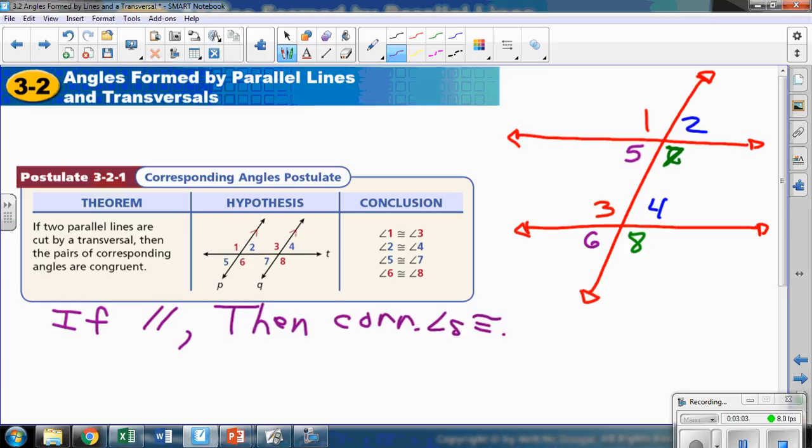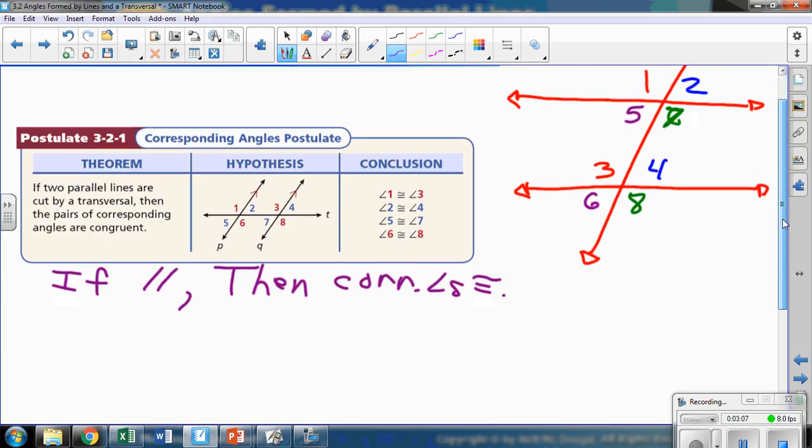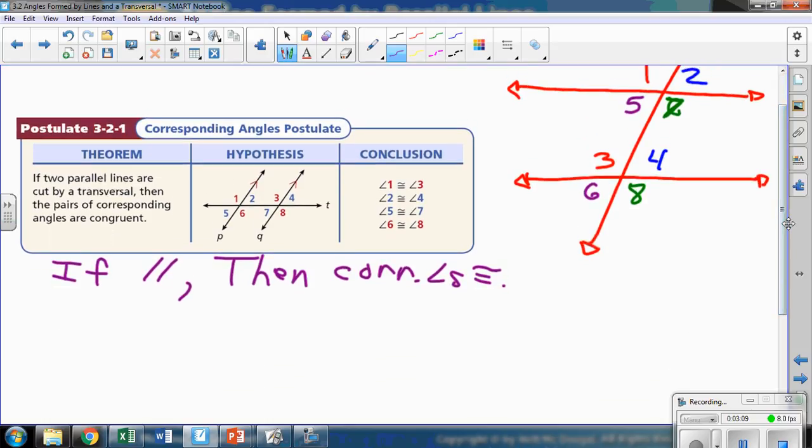That's what the postulate is telling us. And we could write this up symbolically simply by saying, if they are parallel, then corresponding angles are congruent.